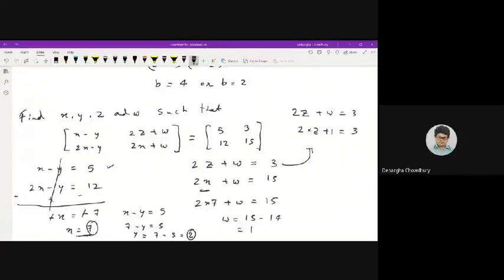So it's simple now. 2z equals 2, z equals 1. Okay, so we have x equals 7, y equals 2, w equals 1, z equals 1. So this is our result.